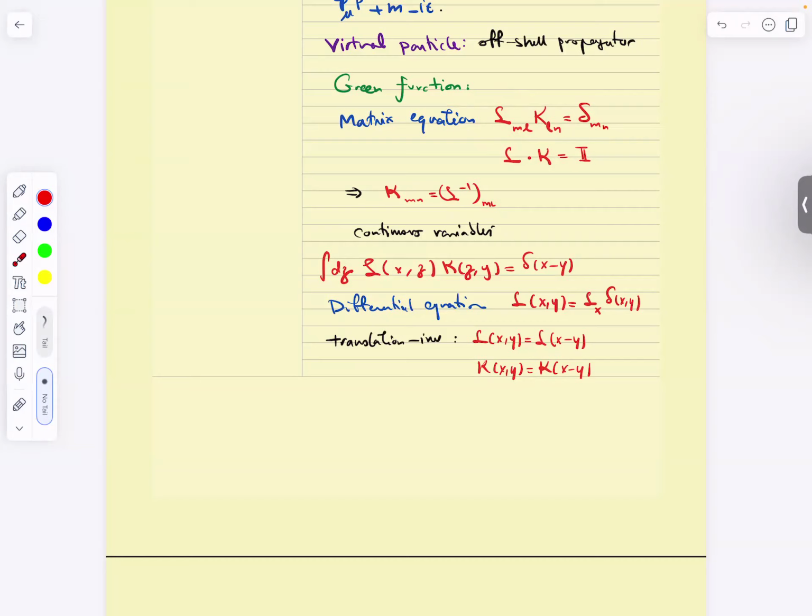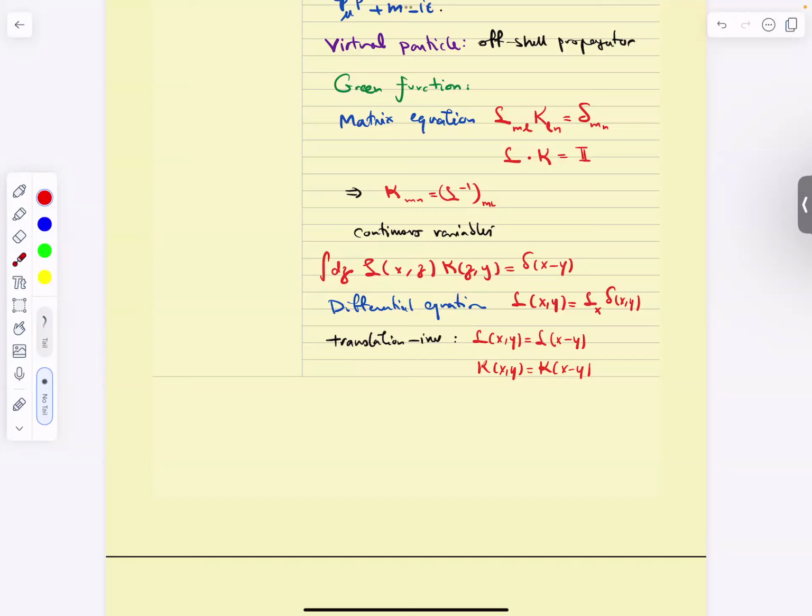Good. So now imagine these were continuous variables. This Kronecker delta becomes a Dirac delta. These matrices will have two continuous variables, z and y. This is matrix multiplication.